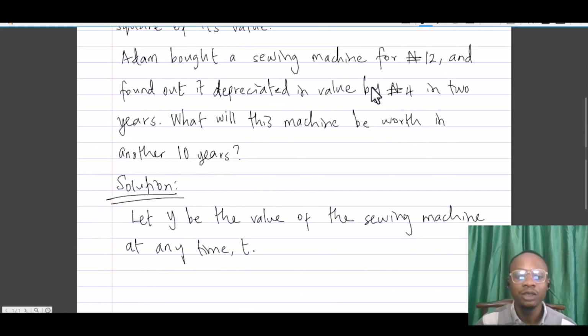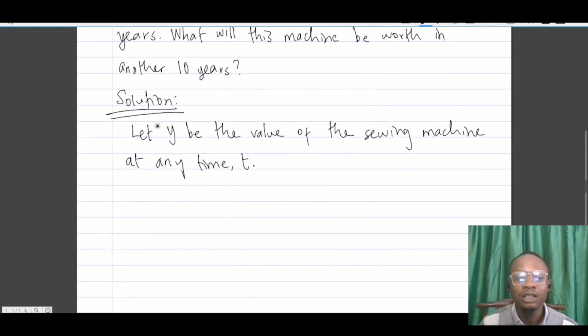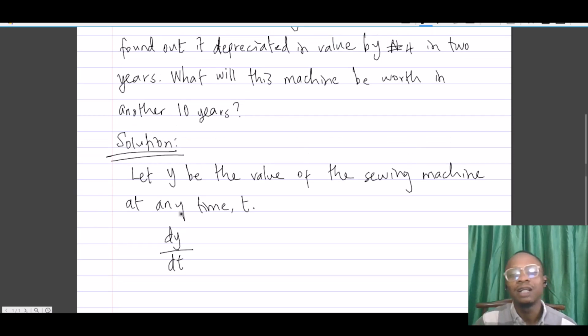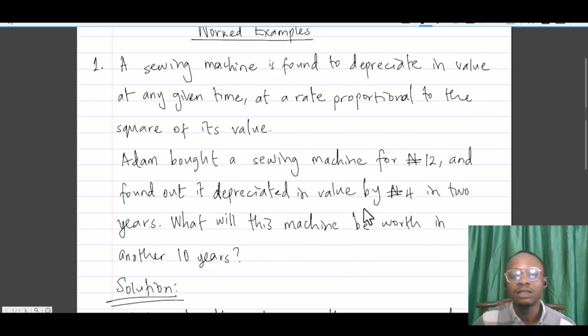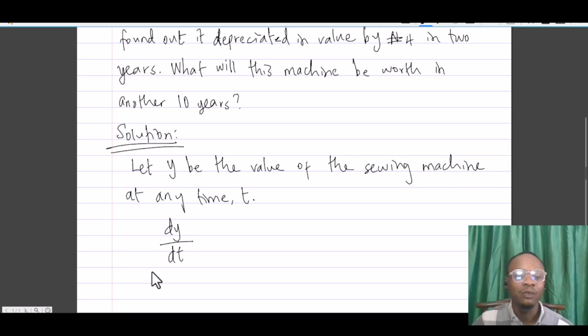So how do we model that? The rate of change in this value with respect to time, that is, as time changes, how does this value change, is modeled by the expression dy/dt, the derivative of y with respect to t. The fact that it is depreciating means there will be a drop in the value with respect to time, which means we expect our dy/dt to be negative.